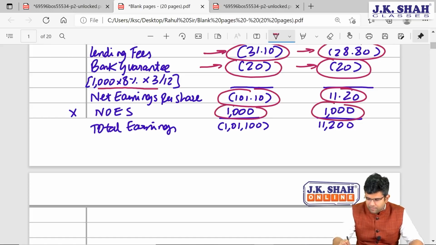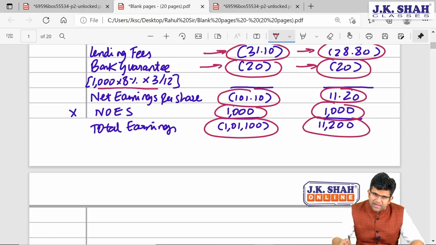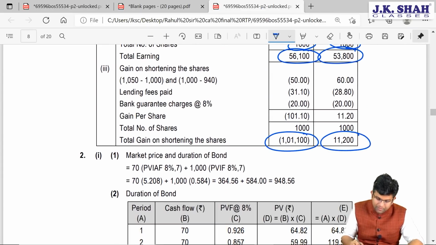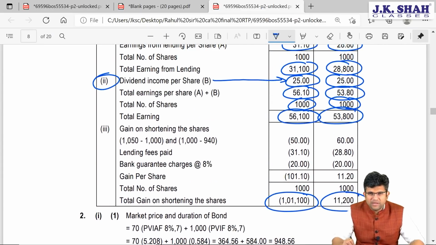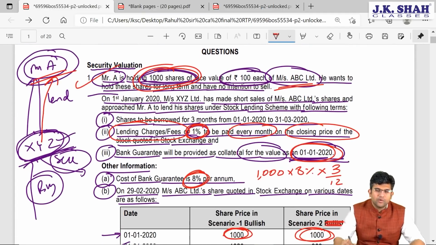Okay, multiplied by number of equity shares 1000, you will get the total loss and the total gain under both scenarios. And children, if you check the ICAI solution, they are getting the same number. Everyone clear? So children, apart from this point 2 where there was a data error, I hope you have understood the entire question correctly. So with that, we complete the first question of your RTP, which was based on security valuation.